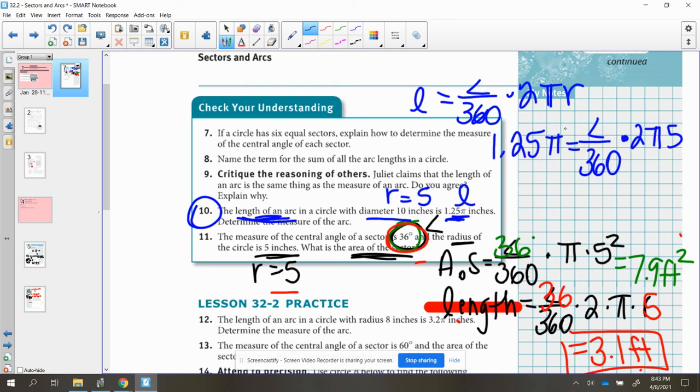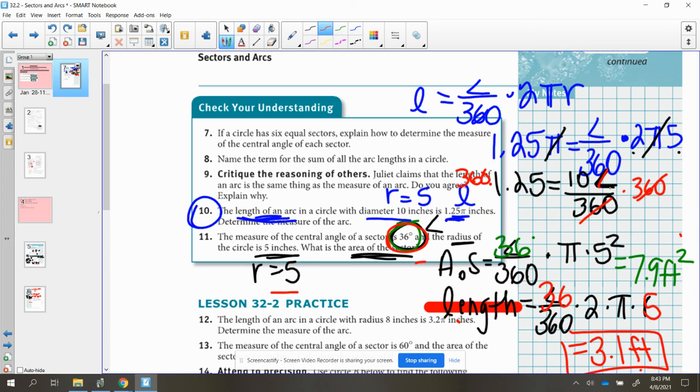Well, something cool that's going to happen is since there's a pi on both sides, they will cancel out. 2 times 5 is 10. And then we are going to multiply it by the angle measure over 360. Well, we want to get the angle measure on this one. So what's going to happen is we're going to have to multiply both sides by 360. So we would end up with 360 times 1.25.